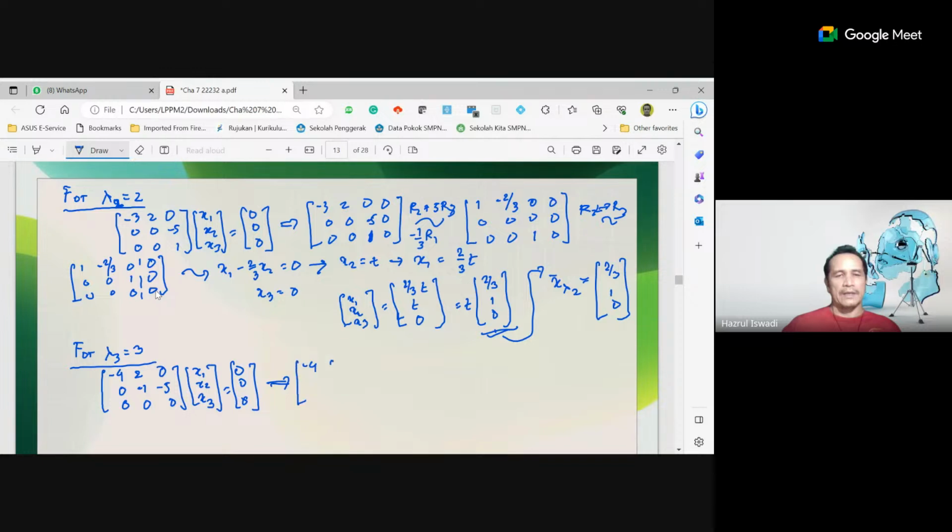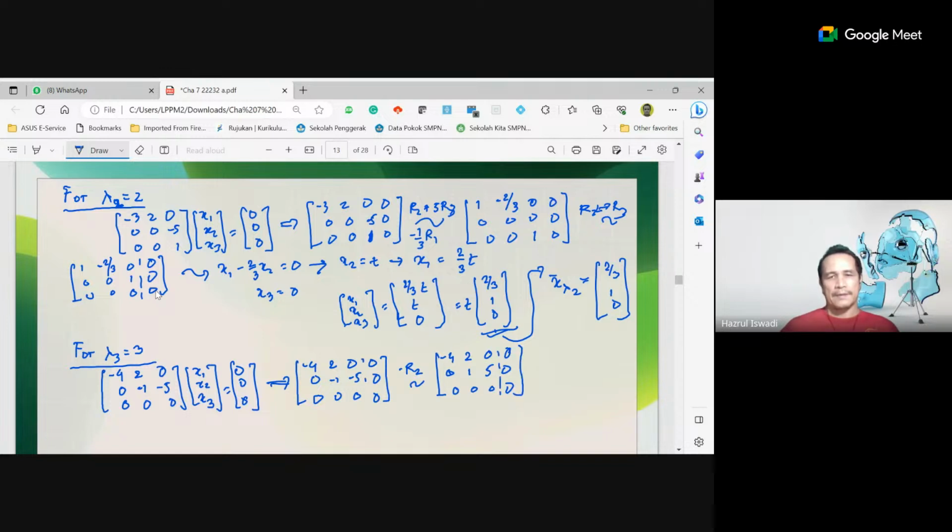The augmented matrix is -4, 2, 0, 0; 0, -1, -5, 0; 0, 0, 0, 0. Then multiply R2 by -1. For R2, we have 0, 1, 5, 0, with the other rows 0, 0, 0, 0 and -4, 2, 0, 0.